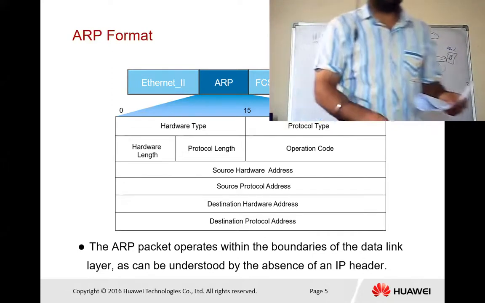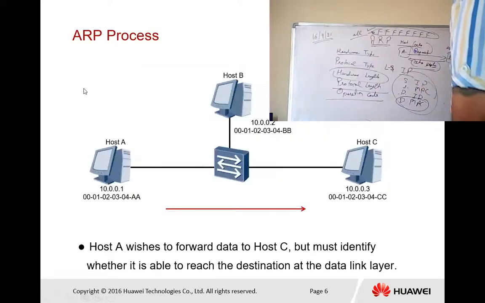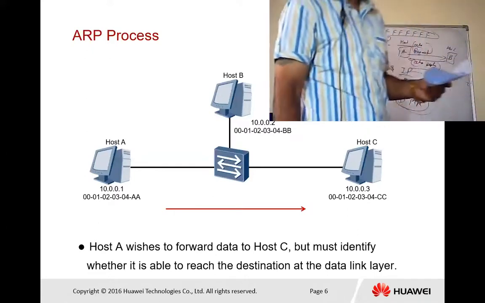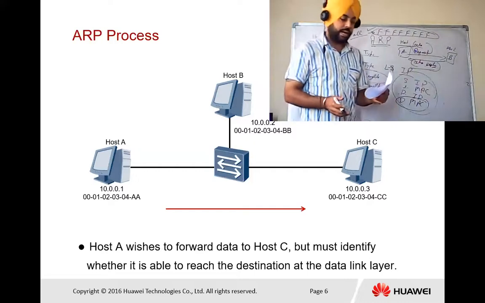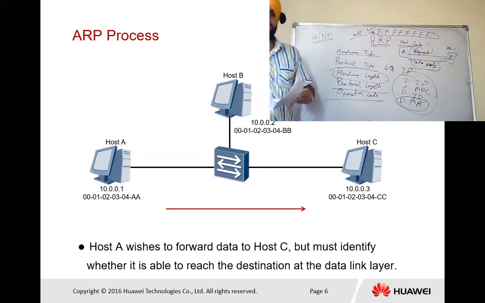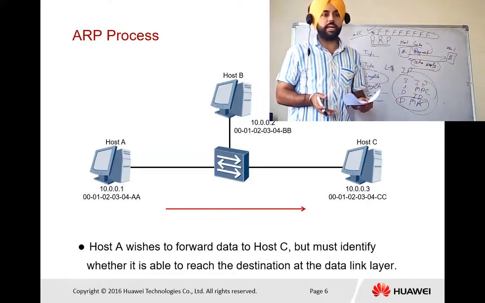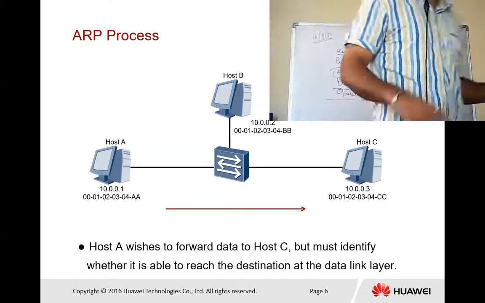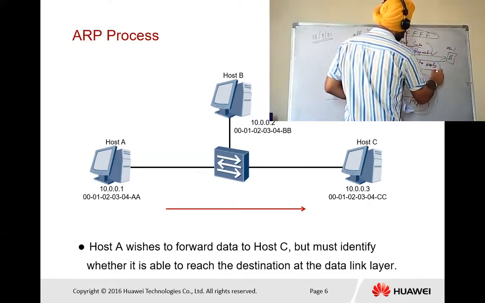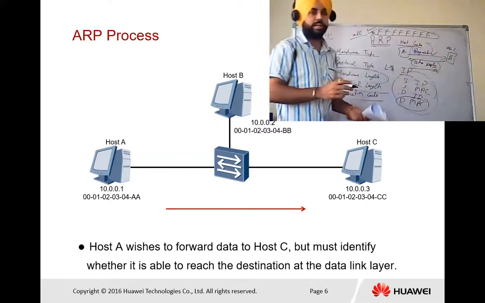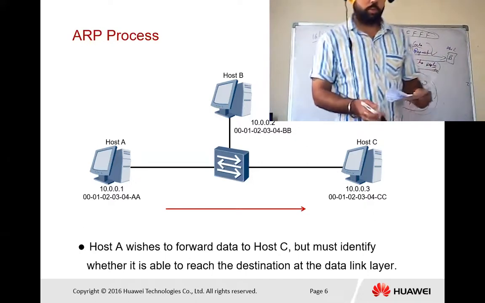After that we have the ARP process. Suppose you are on the same LAN with hosts A, B and C. We have three hosts directly connected with a switch. If they want to communicate, they first send an echo request and get an echo reply from the destination.